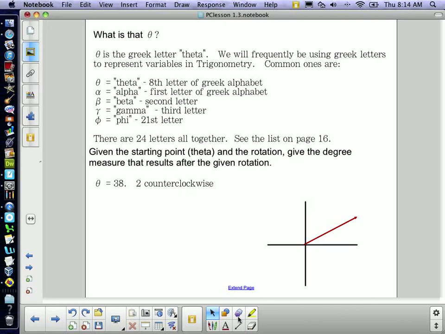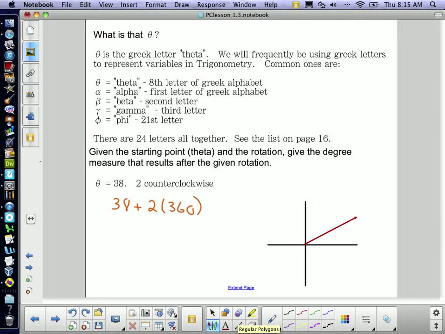Since we're going counterclockwise, we will be adding the 360s. Counterclockwise is positive. So 38 plus 2 360s, or 720, so that's 758 degrees, would be the angle that is coterminal with 38, or the result of starting with this angle and doing this rotation.